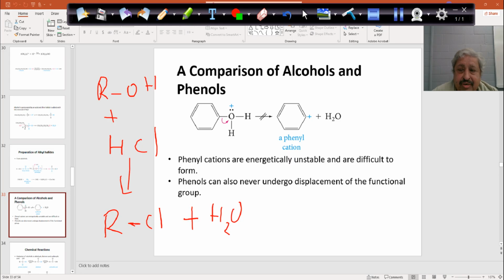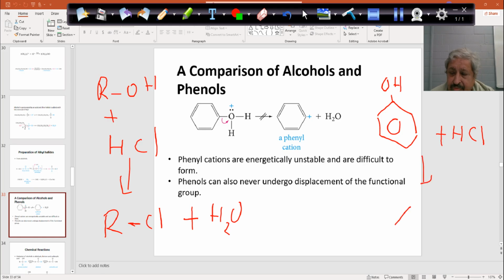Here you can add phenol, correct? And you can expect to produce, with HCl, guess what? You make a salt out of this. You cannot break the system.